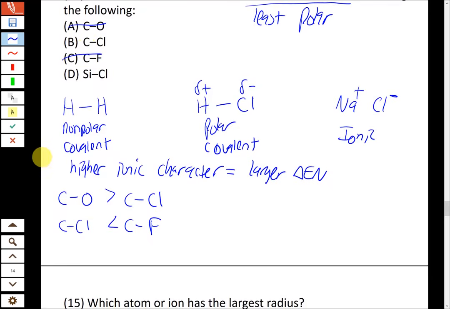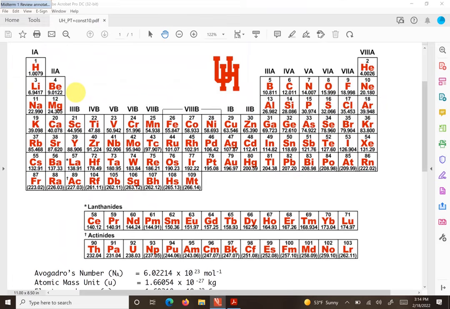And then the last one to compare, which is helpful because they share one element also, is carbon-chlorine versus silicon-chlorine. All right, so again, they both have chlorine in this case. Chlorine is the more electronegative atom in both cases, but we want to figure out which has the bigger difference. So from the periodic table, chlorine is over here, carbon and silicon is over here, so chlorine is clearly to the right and more electronegative than both of those.